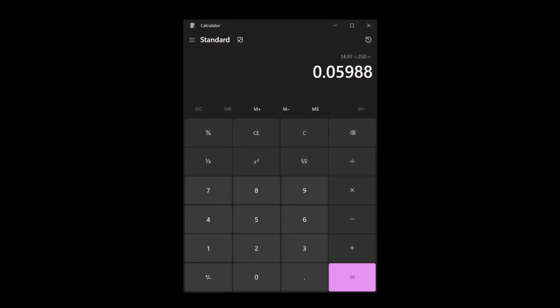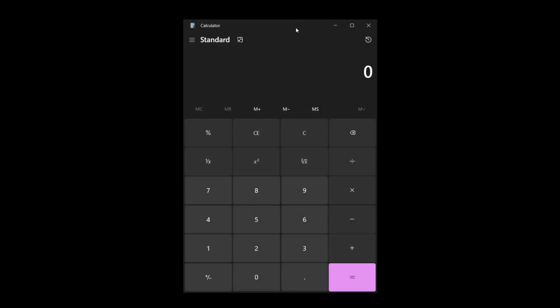We're going to go to our calculator and change our unit of measurement to be each pack. So a 6-pack versus a 12-pack. The 6-pack is $14.97.